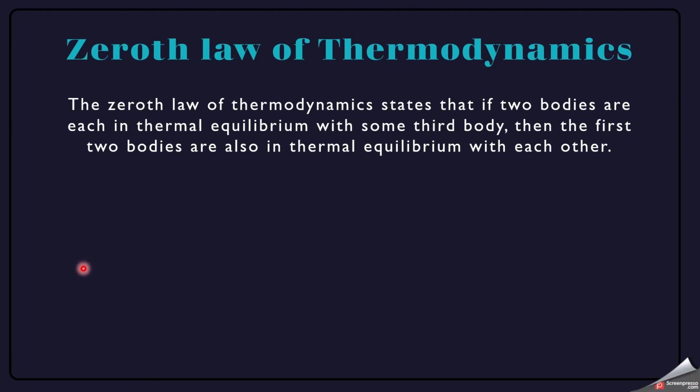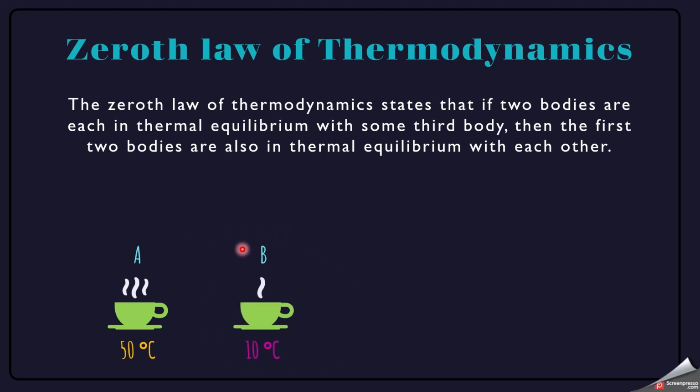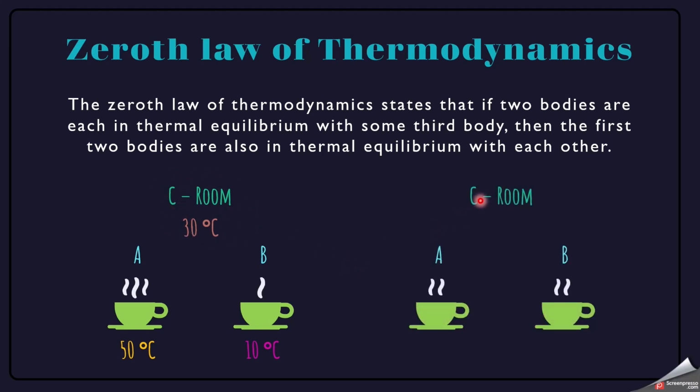Now, consider we take a cup of hot coffee as A with a temperature of 50 degrees Celsius, and we take a cold coffee as B with a temperature of 10 degrees Celsius. Now, both cups are placed in a room of temperature 30 degrees Celsius. What do you think will happen after some time?